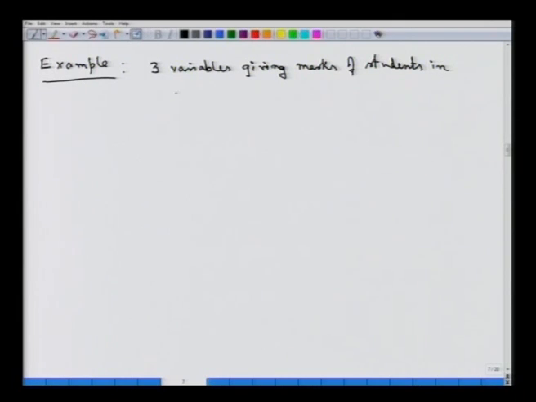Let us look at an example of such a situation, where we are going to verify whether a particular dimensional factor model holds for a random vector x. This example deals with three variables giving marks of students: number 1 is mathematics, number 2 is physics, and number 3 is chemistry.